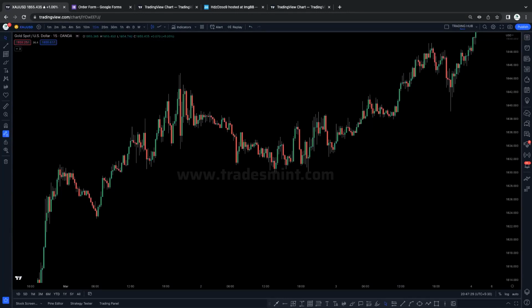Can we mark CHoCH and IDM on order flow? No, sir. Order block you can mark also on an order flow. But when you mark CHoCH on order flow, you will see your stop loss hit so many times, because the market taps on your order block.